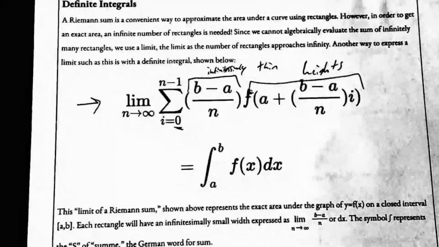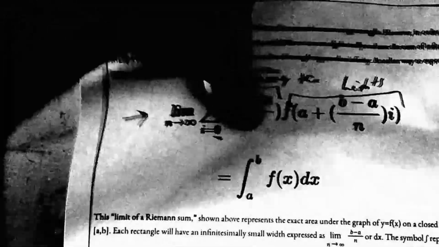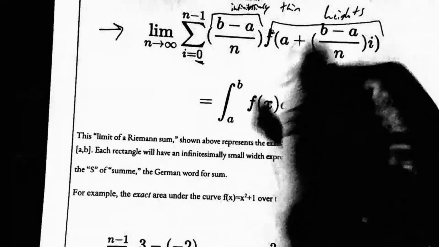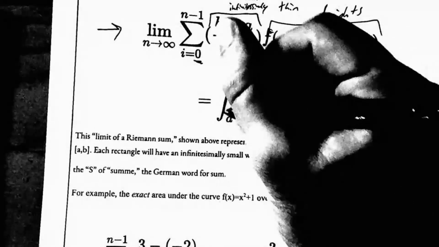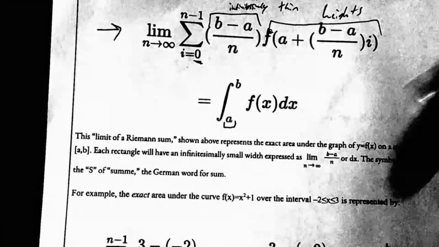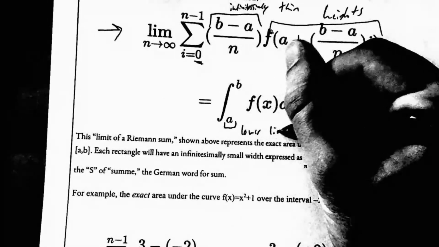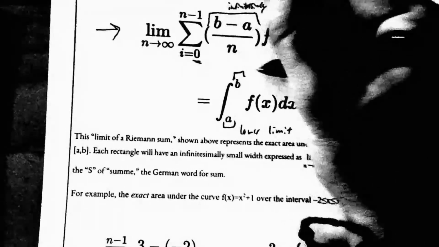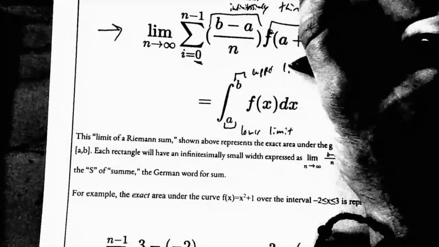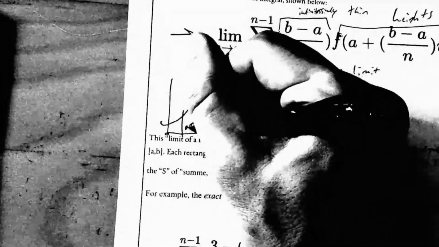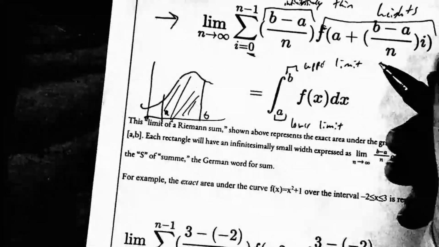And instead of writing this with sigma notation, we simply write it in integral notation, where a is the lower limit and b is the upper limit. Visually, the way integrals look is something like this, where you're going from a to b, and it's the area between them.